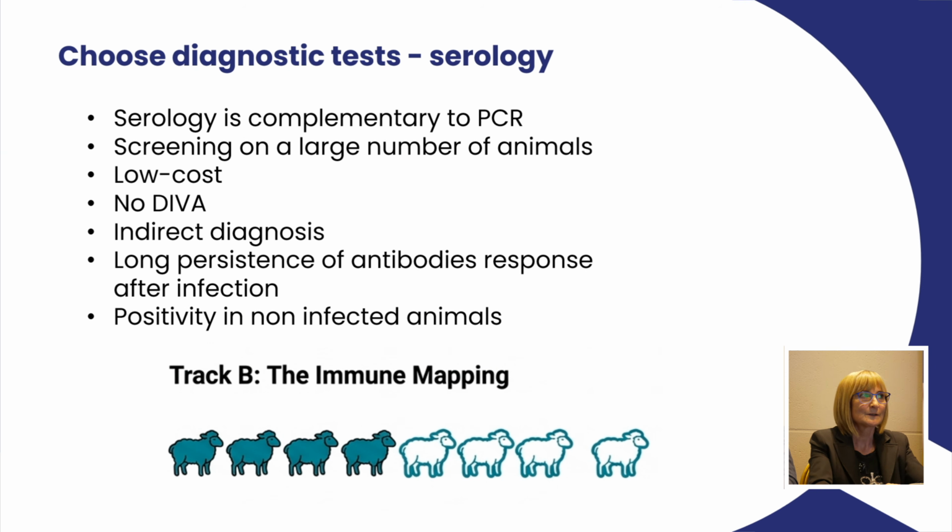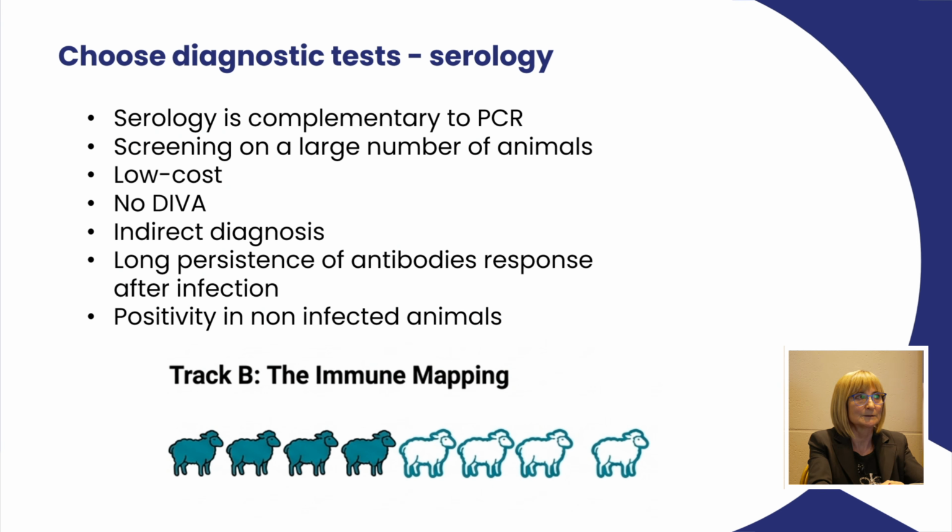About serology, serology is a complementary test. We can screen a large number of animals. It is a lower cost test. It is an indirect diagnosis, which means that we can also find positivity in non-infected animals, because antibodies can persist for a long time after the infection.